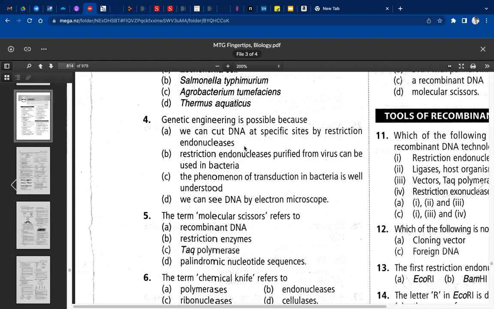I think Hiba is not responding. Genetic engineering is possible because we can cut DNA at specific sites where restriction endonucleases cut. Restriction endonucleases purified from virus can be used in bacteria. The phenomena of transduction in bacteria is well understood. We can see DNA by electron microscope. Your answers, please.